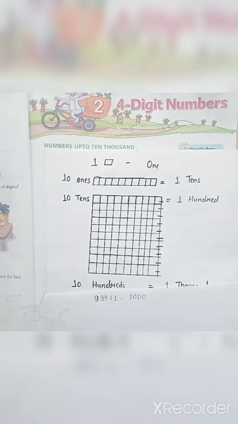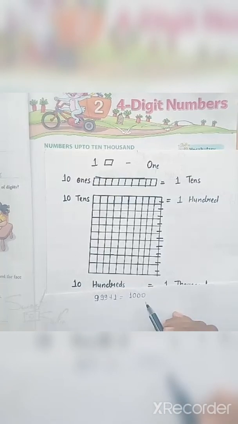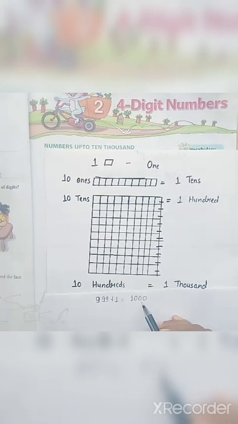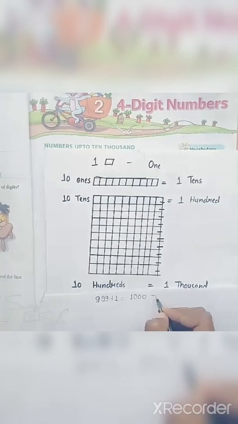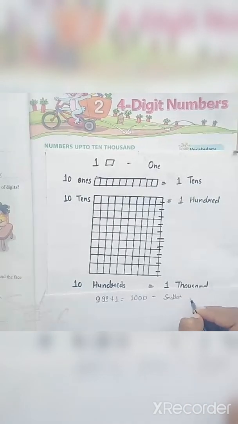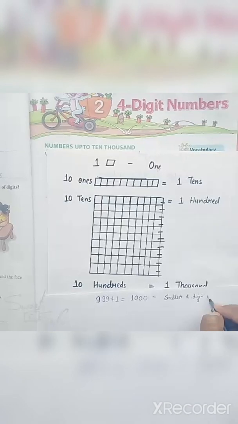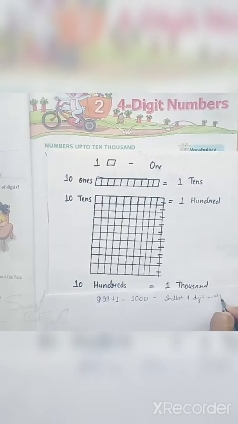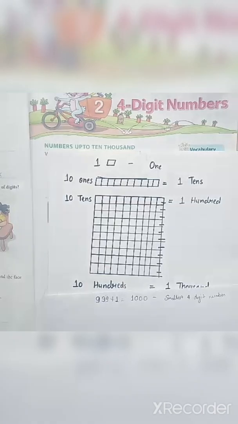Here you can see in 1000 there are 4 digits: ones, tens, hundreds and thousands. So this is 1000, the smallest 4-digit number. Okay, now we will see the place value of these numbers.